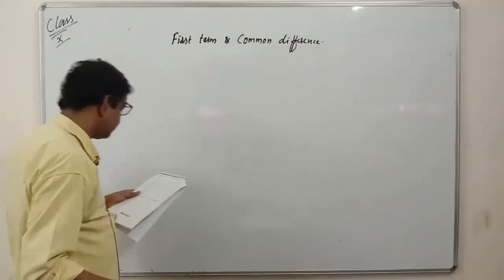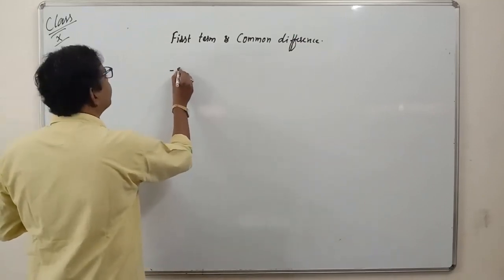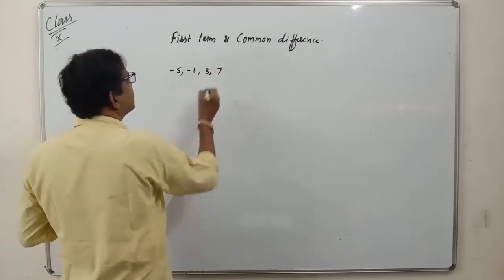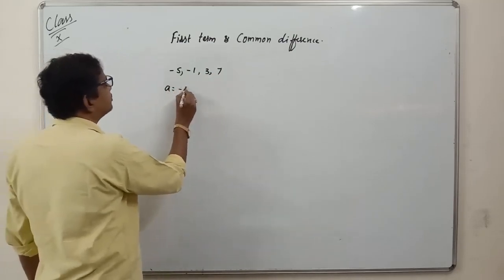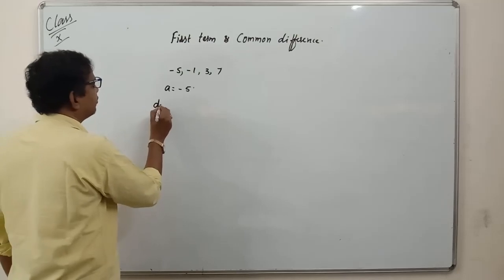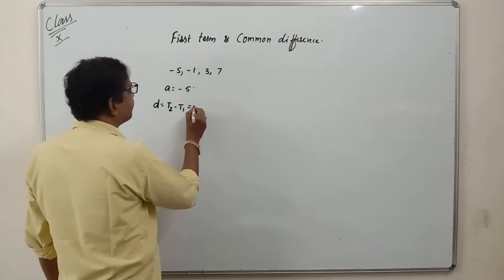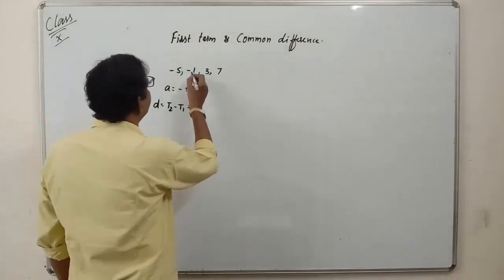Over. So he has given minus 5, minus 1, 3 and 7. So here A equals minus 5 and D equals T2 minus T1. What is T2 here?